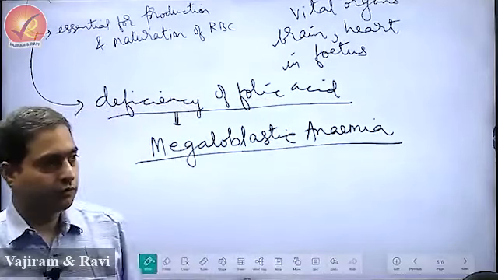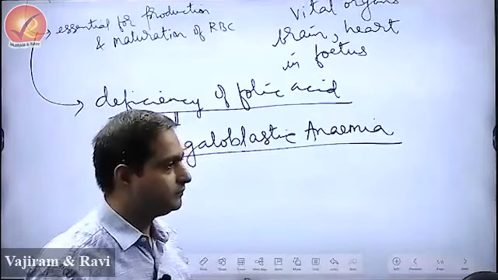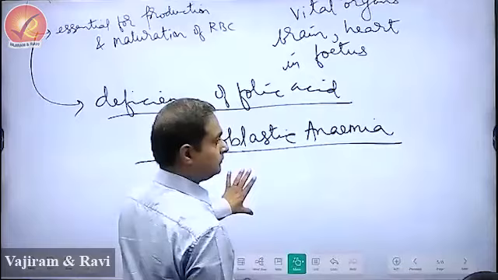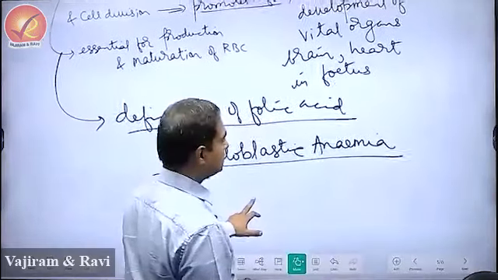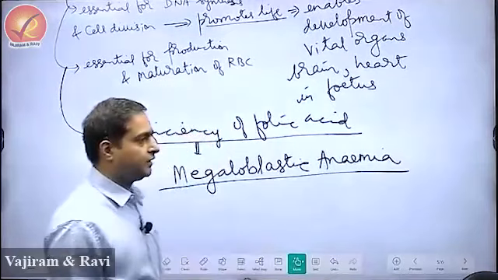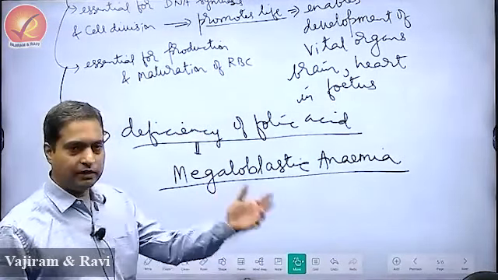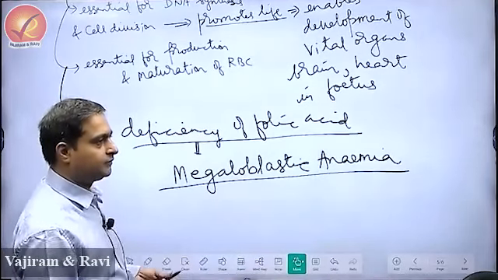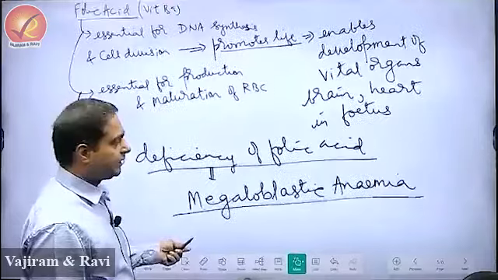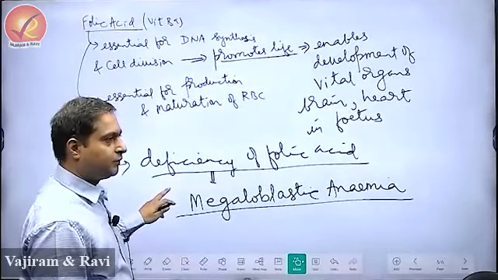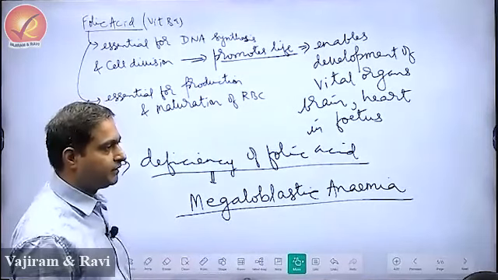Deficiency of folic acid is known as megaloblastic anemia, yes. Because it is affecting the future generation. Is it clear? Intergenerational impact of this form of anemia. The future generation of the country is getting affected. Therefore, we are saying it is more dangerous in the mother compared to what? The child. That is the context.